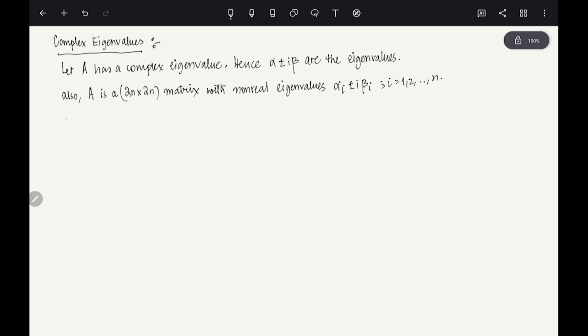So what we will do is we start, let Vi and Vi bar denote the associated eigenvectors.